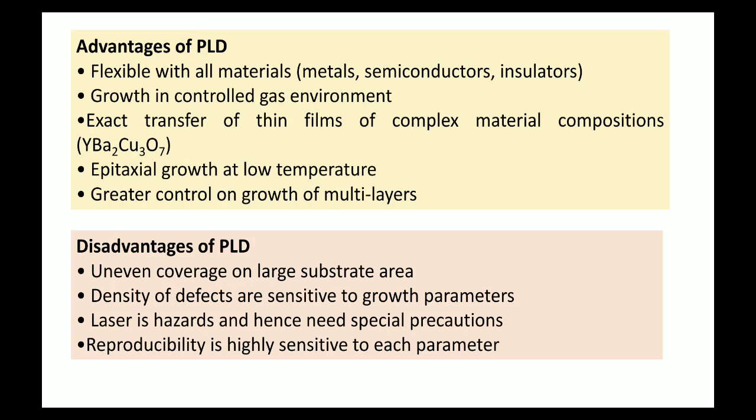This is a very complex metal oxide, a very complex material composition. If your target contains this kind of composition, then the biggest advantage of PLD is that with optimized oxygen pressure, you will get the exact similar composition in your thin film.